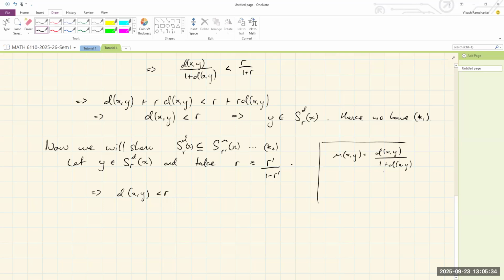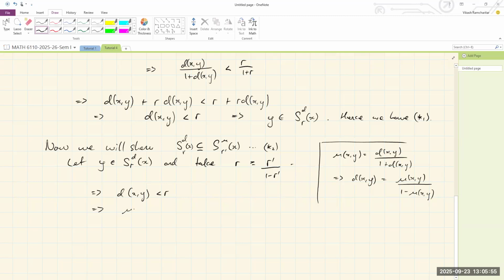So I need to solve for d. Okay, so if you solve this for d, you'll see that d of x comma y is equal to mu of x comma y over 1 minus mu of x comma y. Okay, and I'm going to sub that in over here.